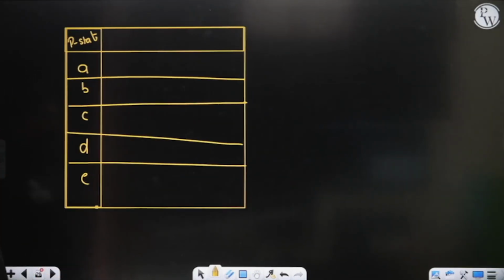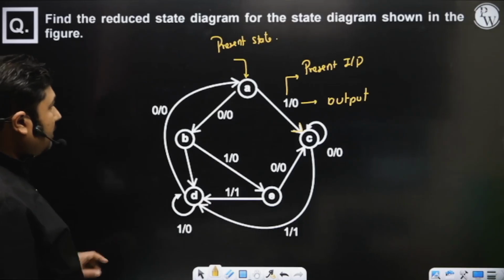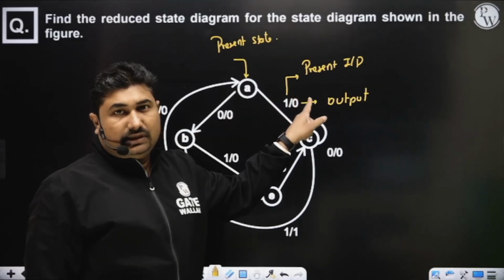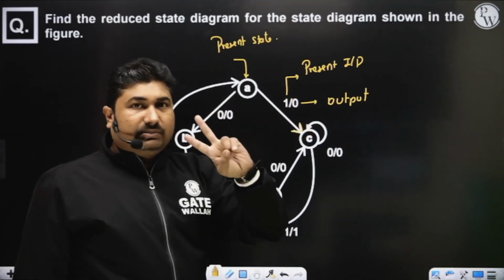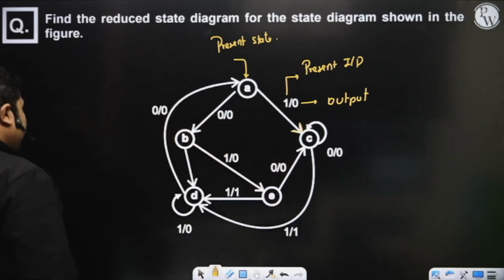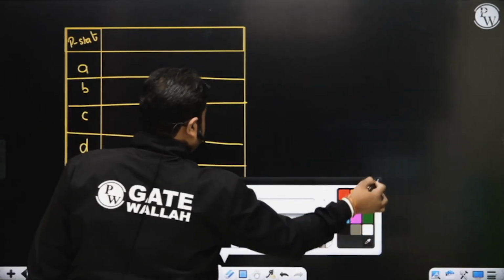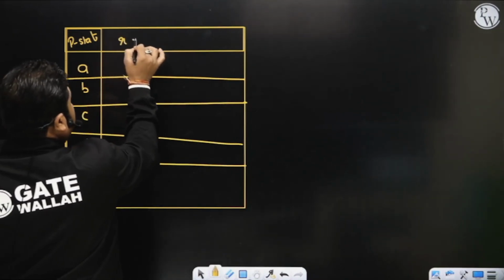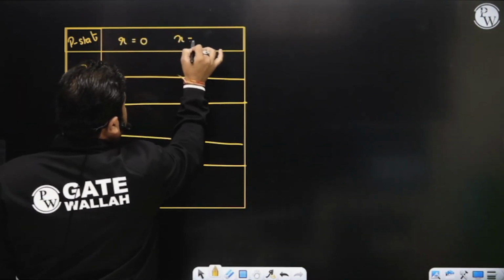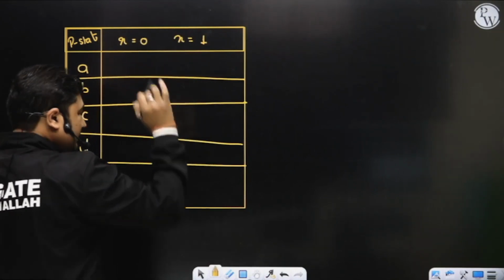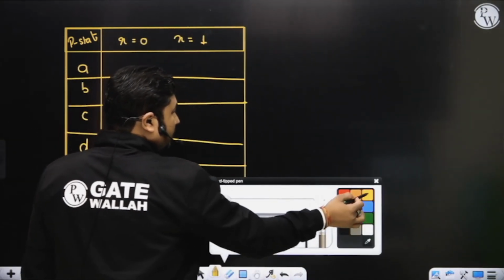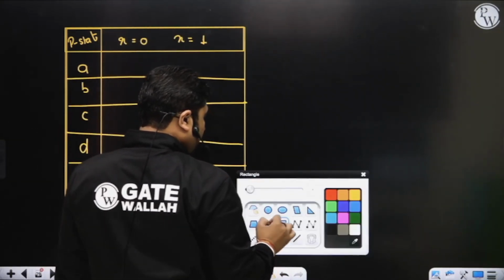So we have only one input. With one input, there are two possibilities, 0 or 1. Let the input be X. So X is equal to 0 or X is equal to 1. And the output is also given, so I am representing the output part also.